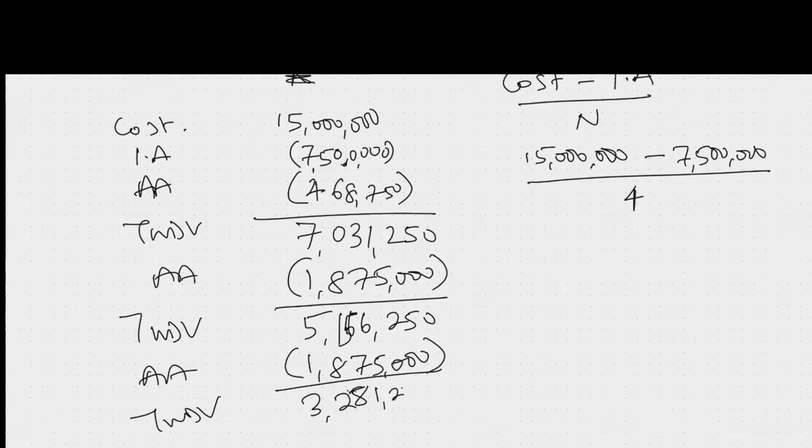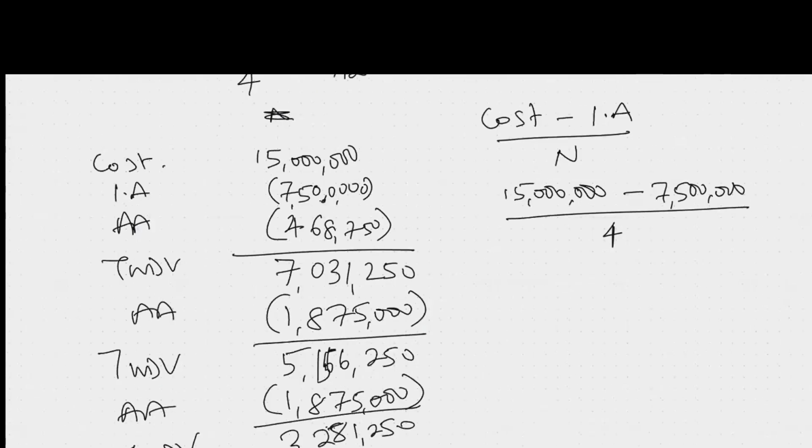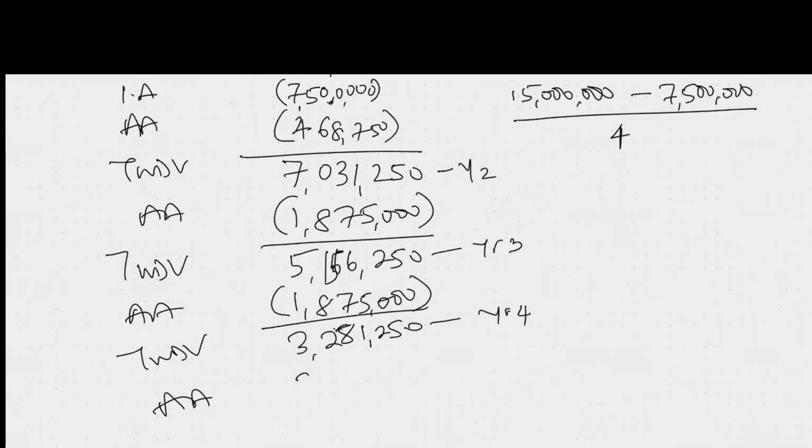So this is supposedly the last year of the asset, because the asset is supposed to be used for 4 years. Year 1, year 2, year 3. In the last year of use, your annual allowance is equal to your terminal value, but you remove 10 naira.